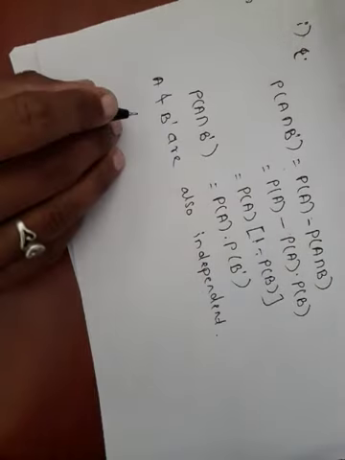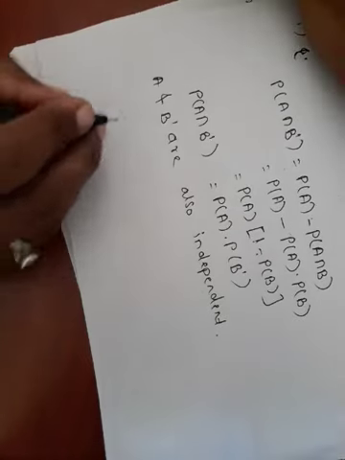Next is A dash and B are also independent.